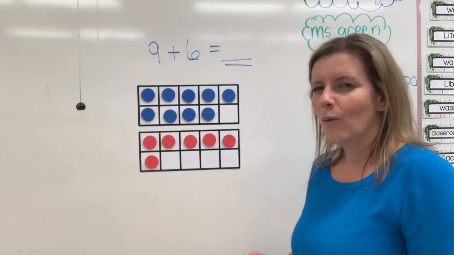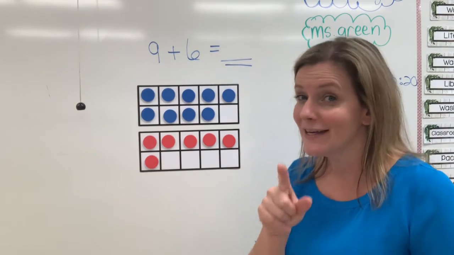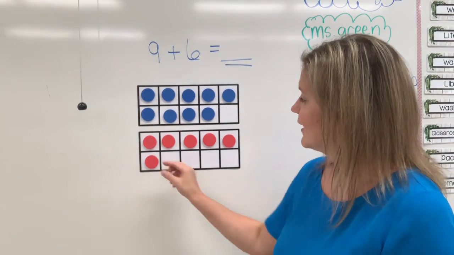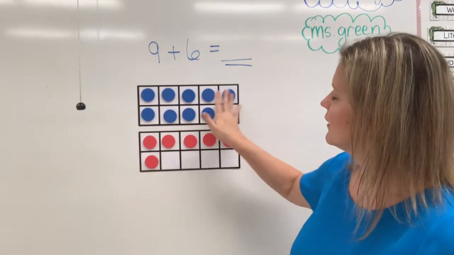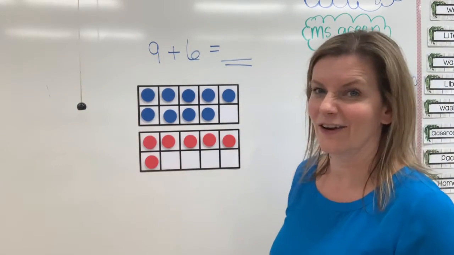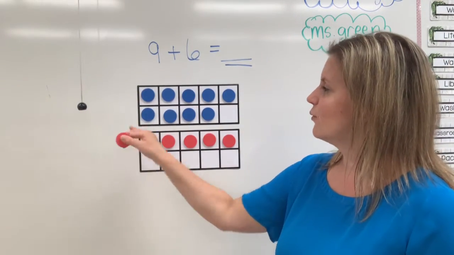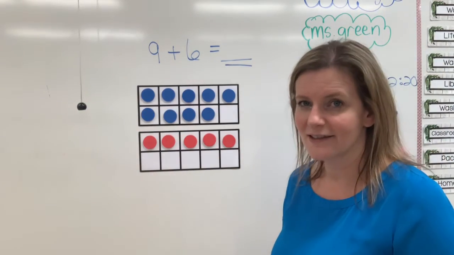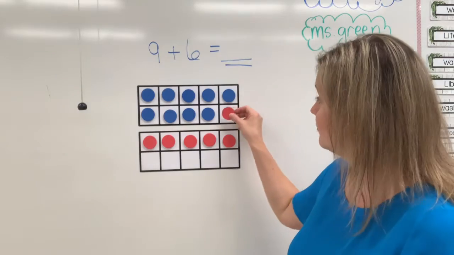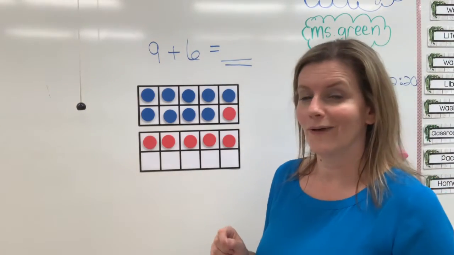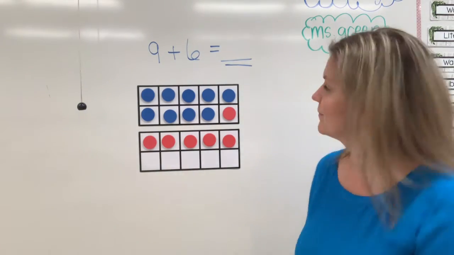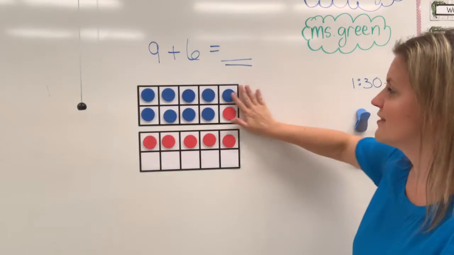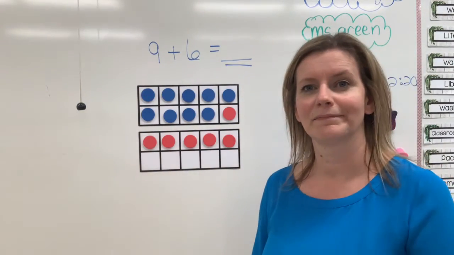Now, what the easiest way might be is, instead of counting how many are there, if we know that all of the spaces in the 10 frame are filled up, we take one of the red ones from the bottom 10 frame, then we know that this is how many?